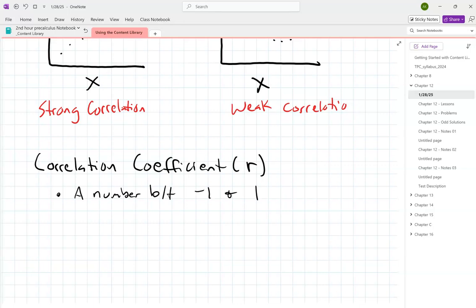R is always a number between -1 and +1, and we'd say that's inclusive, like it can equal 1 or -1.